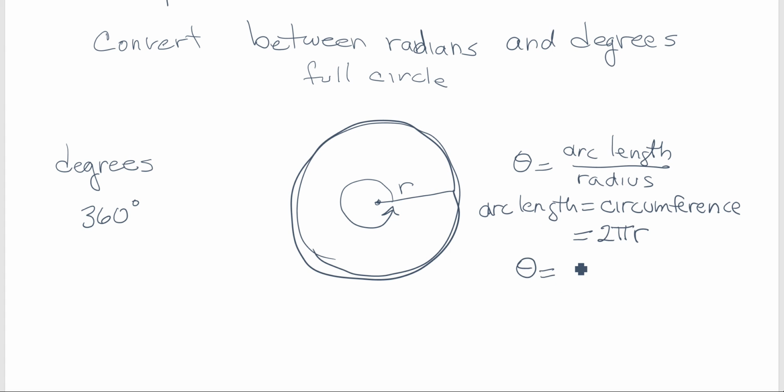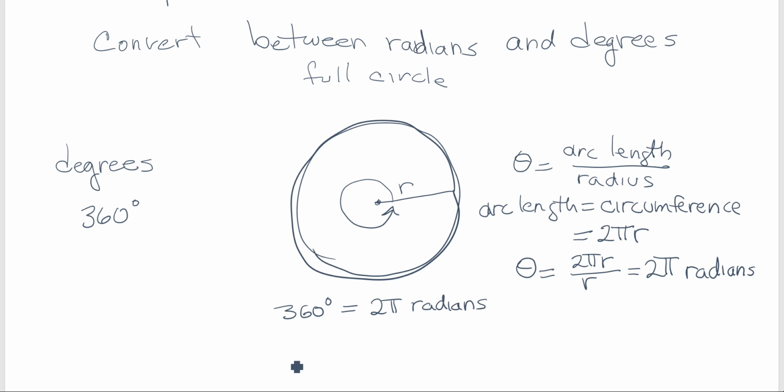So my angle all the way around is 2 pi r divided by r, which gives me 2 pi radians. So we get that 360 degrees is equal to 2 pi radians. And dividing both sides by 2, we get that 180 degrees is equal to pi radians.